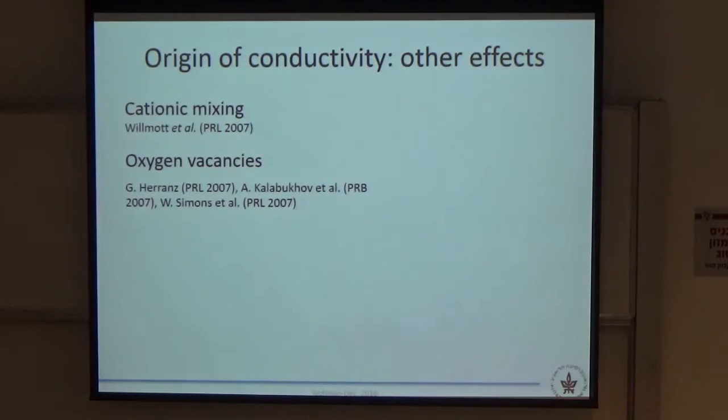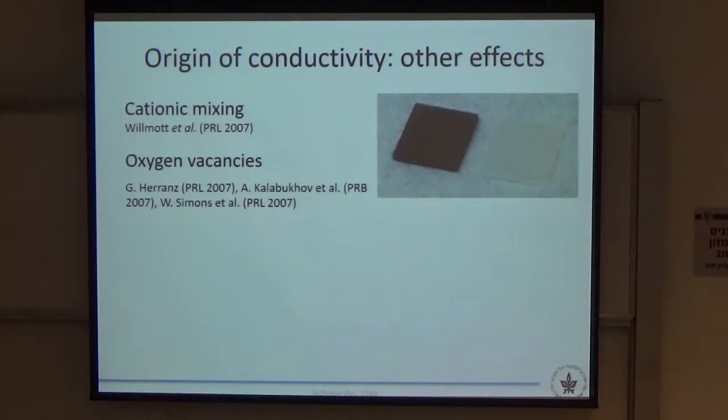Okay, other explanations do exist, for example electronic mixing or oxygen vacancies. These are just 2 pieces of strontium titanate that we took in the lab. This one we baked in the furnace; this one we did not bake. And this one is black because it lost oxygen and it is conducting.